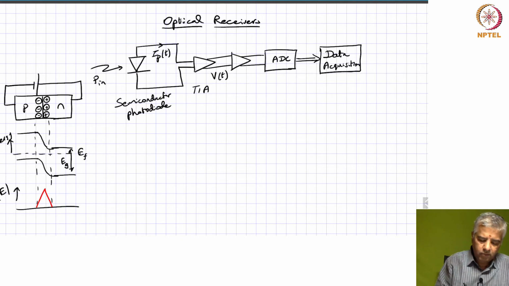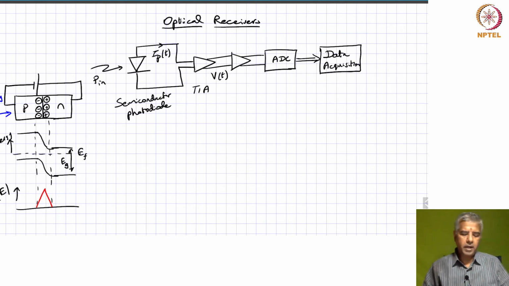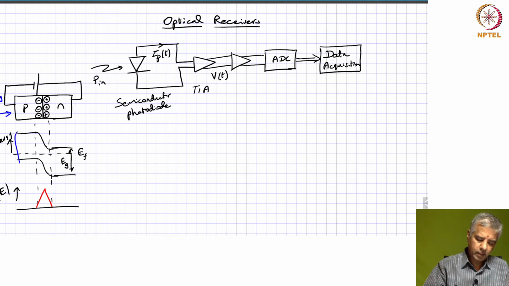So if you have any light coming in corresponding to an energy h nu, and if h nu is greater than Eg, okay, it's greater than the band gap energy, then you have absorption happening across the structure. So when light actually comes across this region, it will tend to take an electron from the valence band and take it to the conduction band, and it leaves behind a hole over here.